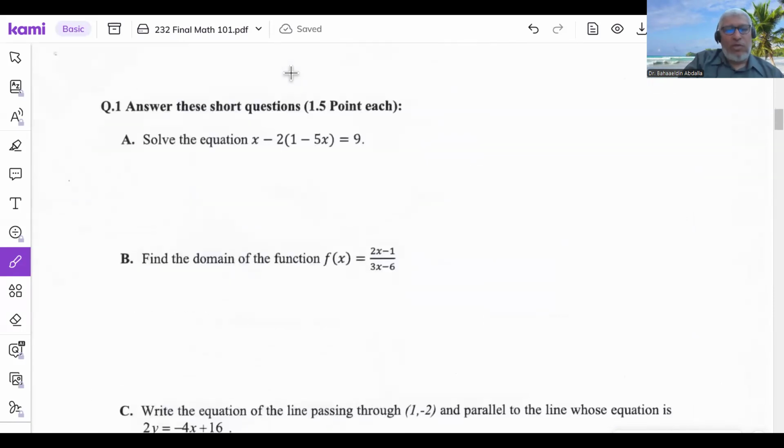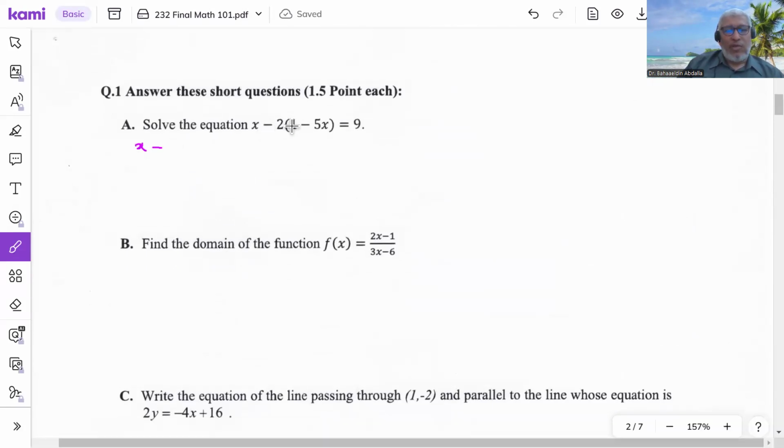The first question: answer these short questions, solve the equation. Well, to solve the equation, we expand. We multiply -2 times 1, and then -2 times -5, it would be positive. 2 times 5 is 10.